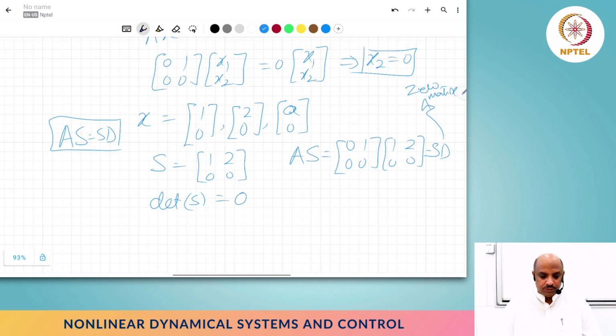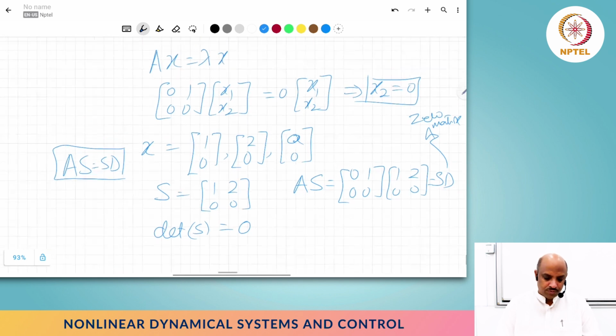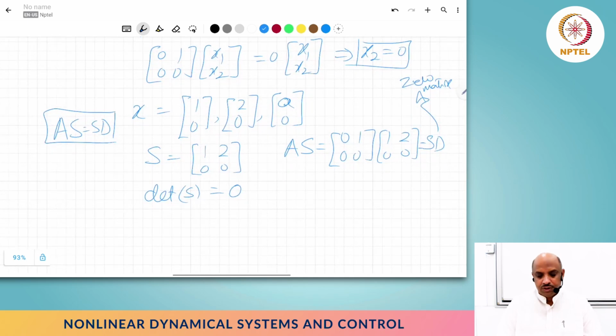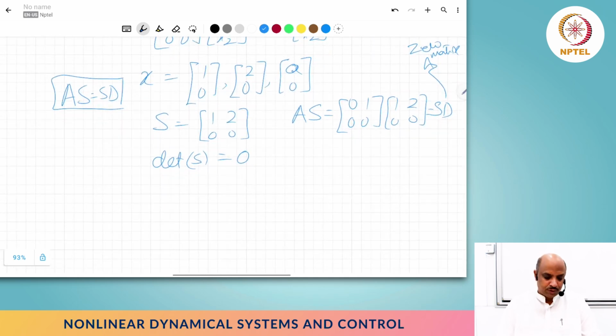So that's a problem. So this is one of those systems where it is not diagonalizable. Now let's try to analyze this. So you have this x1 dot is equal to x2, and x2 dot is equal to 0.